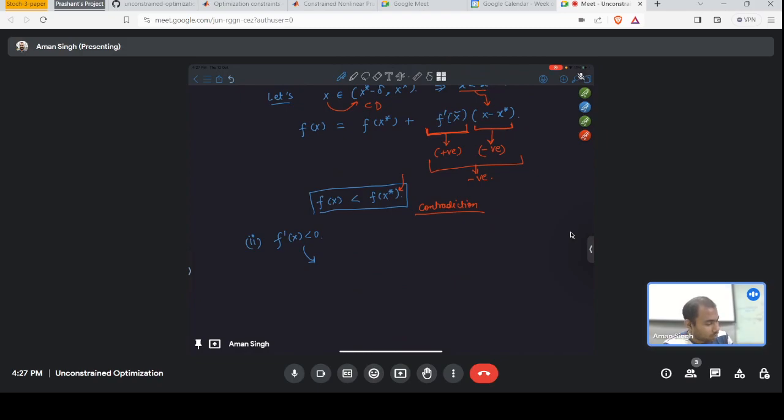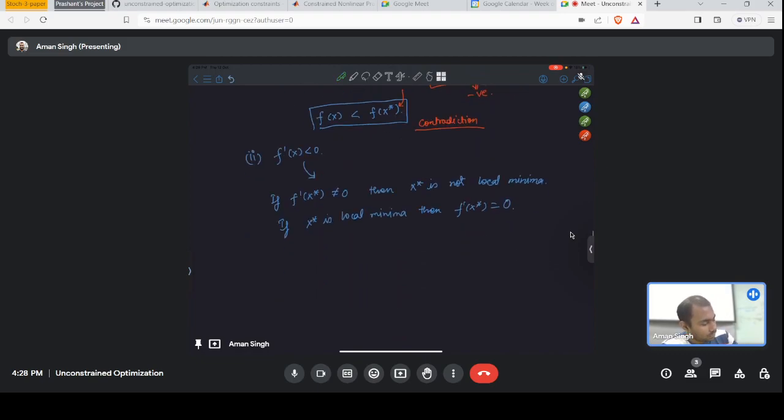And there also you'll find some contradiction, and hence you can say that if f dash x star is not equal to 0, then x star is not local minima, which is same as saying if x star is local minima, then f dash x star equal to 0. So hence we have proven the first order necessary conditions, sorry, and now we'll move ahead.